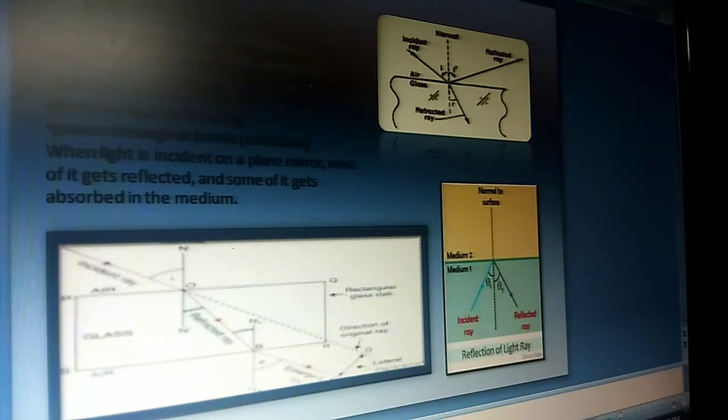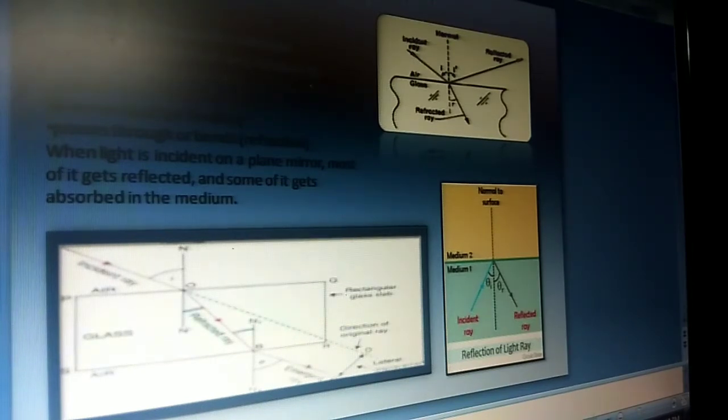When the light passes from the air medium to the glass medium, at the point of incidence, at the separation of these two media, it bends and proceeds into the next medium. This bending of the light ray at the point of incidence, passing into another medium and traveling in a straight line, is known as refraction.